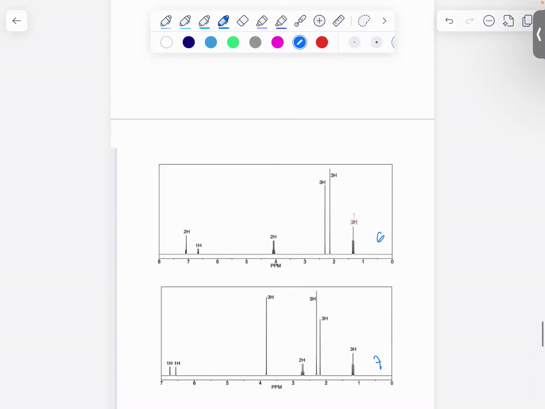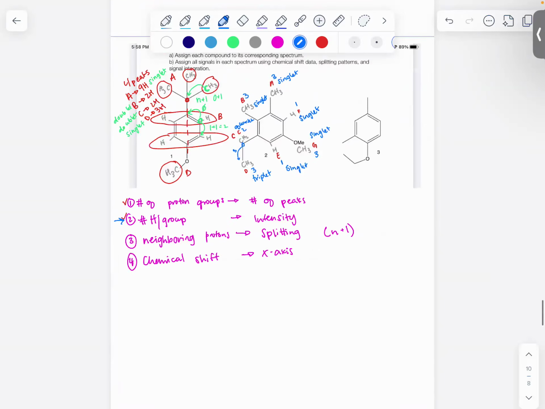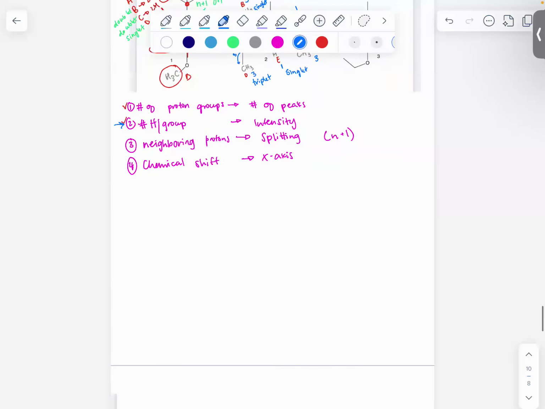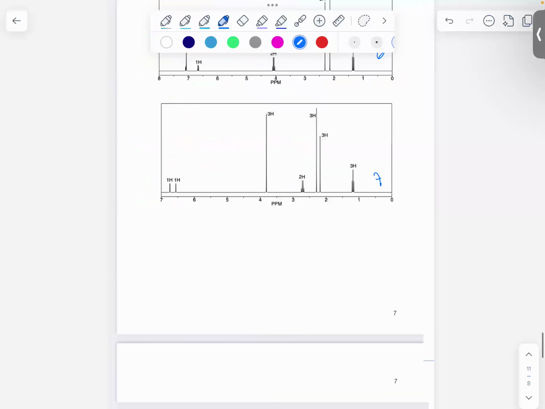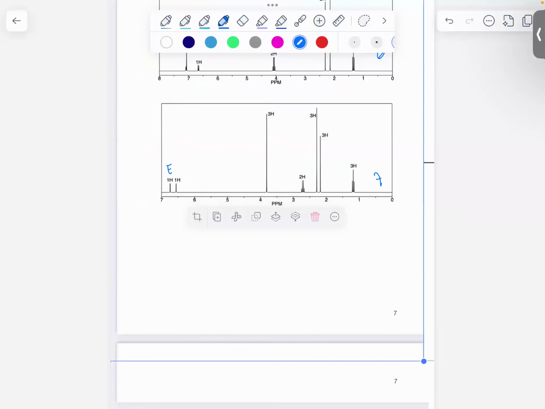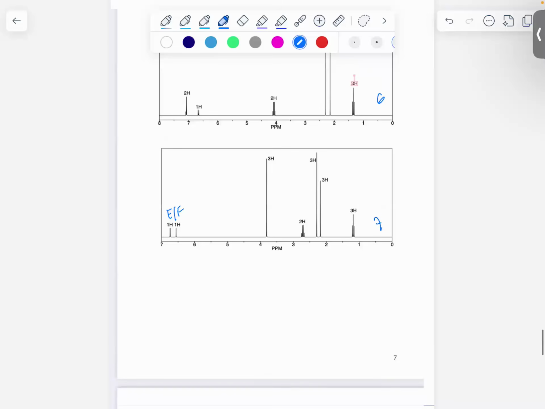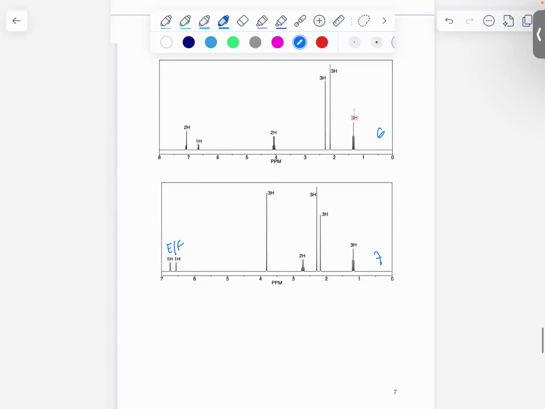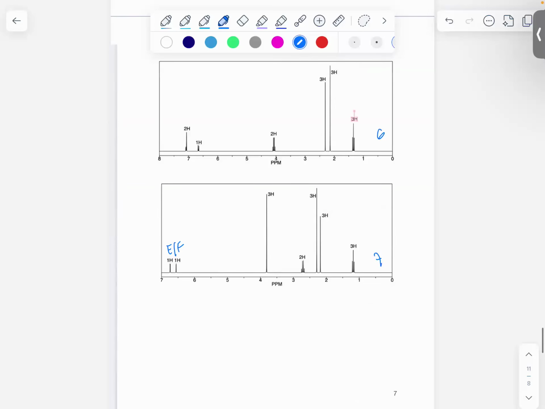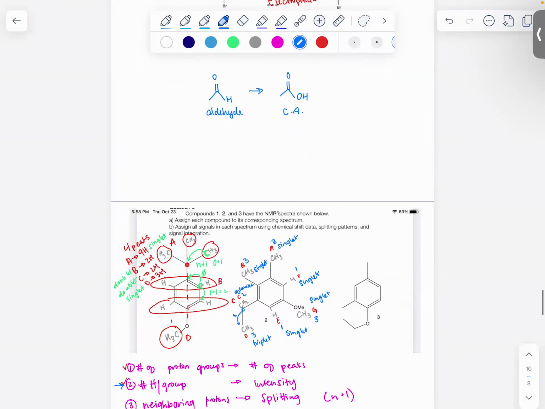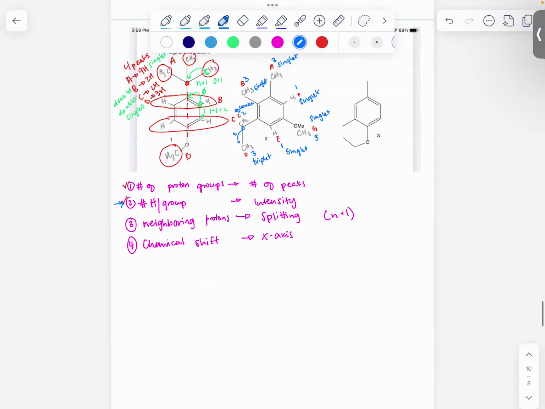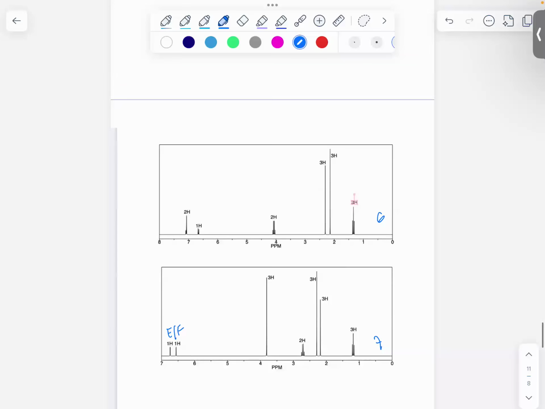We have 2 singlets that are each worth 1, and lo and behold, we have 2 singlets that are each worth 1. Now, we have splitting with C and D that help make those clear.